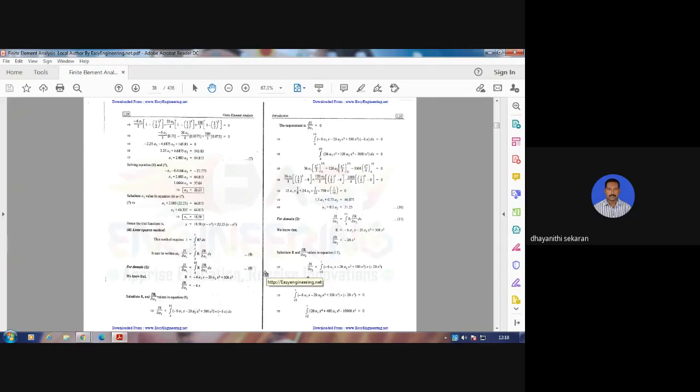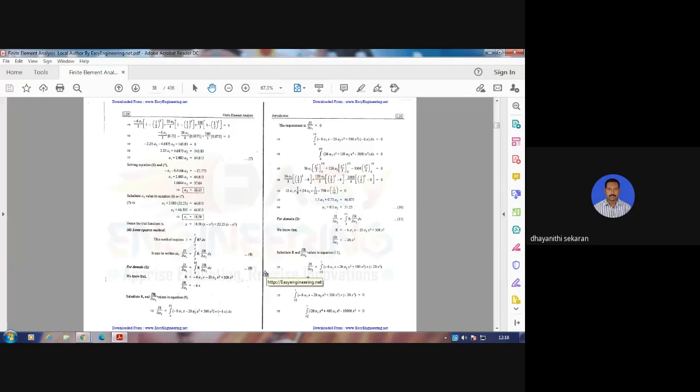Substitute the R and ∂R/∂a1 values in the ∂I/∂a1 equation. So ∂I/∂a1 equals the integral from 0 to 1/2 of (minus 6a1x minus 28x cube plus 500x squared) into ∂R/∂a1, which is minus 6x, dx, equal to 0. We are getting the equation a1 plus 0.5 a2 equal to 31.25.